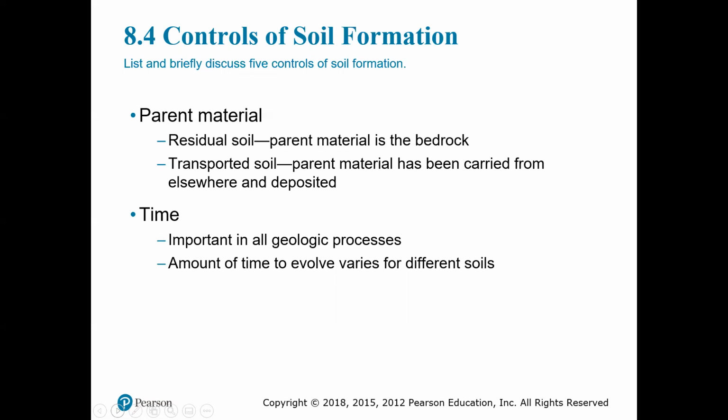So depending on our parent material, we can have different rates of soil formation. The other way parent material influences soils is that the chemical makeup of the mineral matter will influence the fertility of the soil, and that determines what the soil can be used for, whether it can be used for agriculture or not.